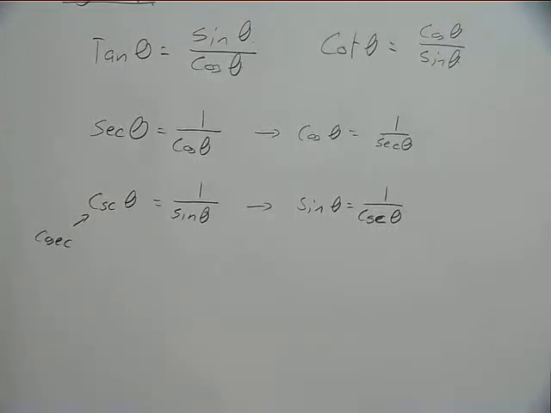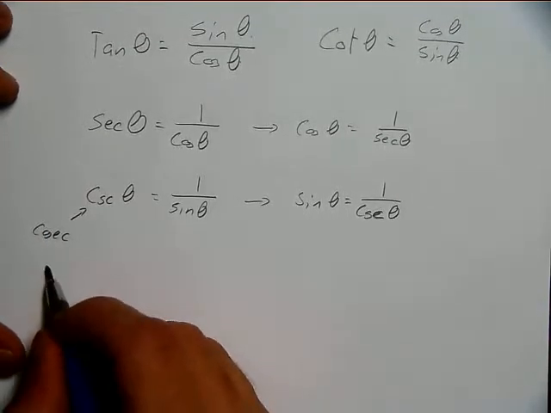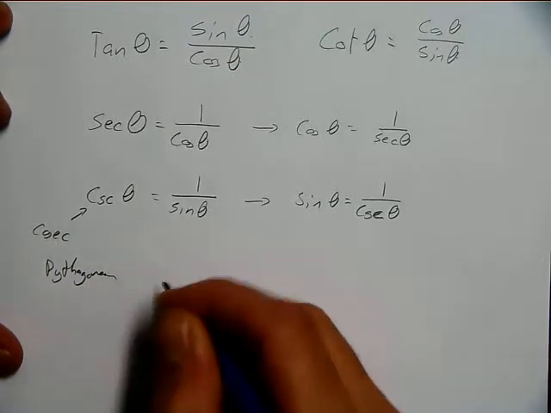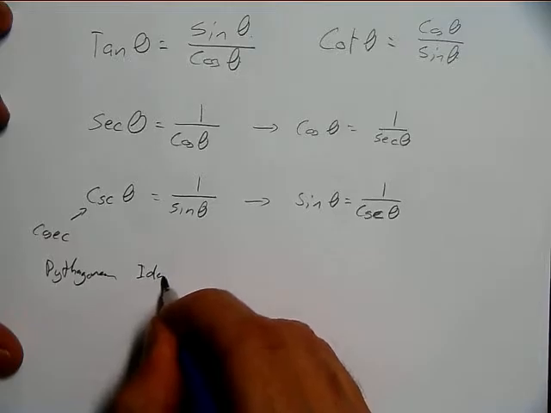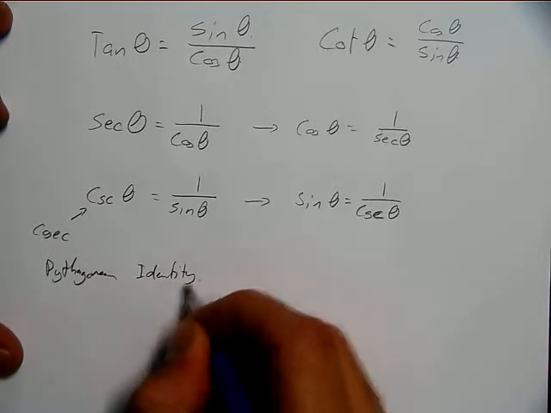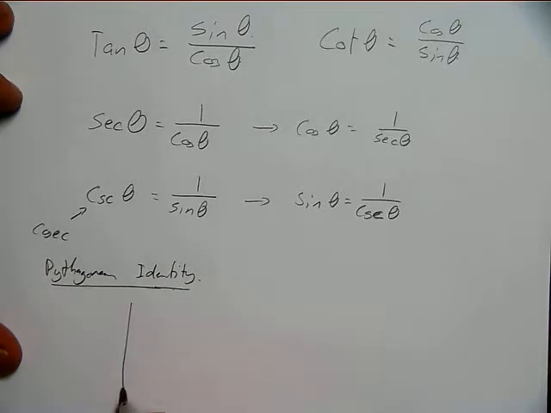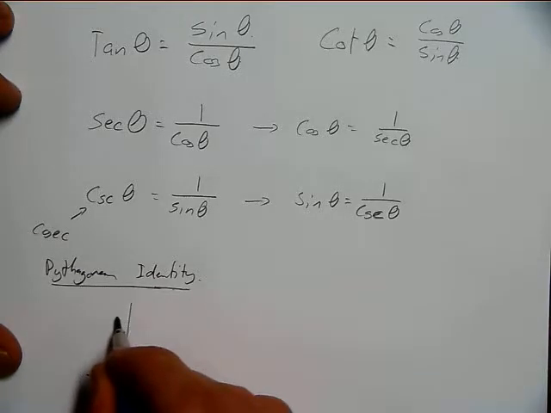Anyway, we also have what's called our Pythagorean identity. Now if we have our unit circle, I'm just going to do a quarter of our unit circle.